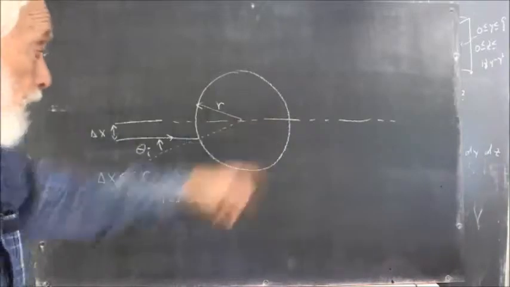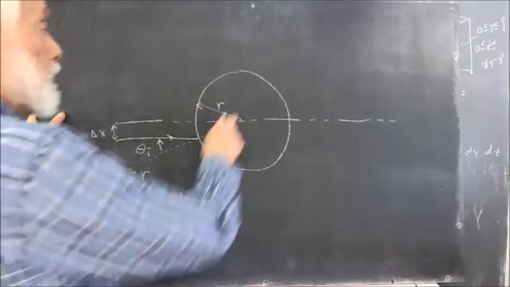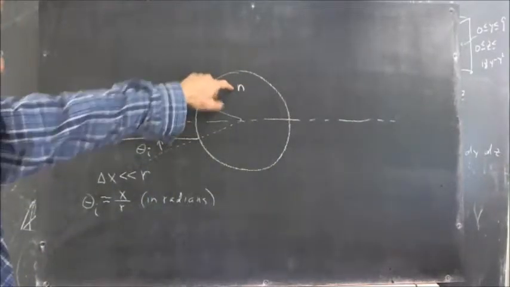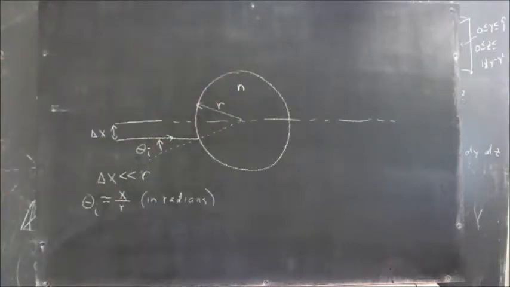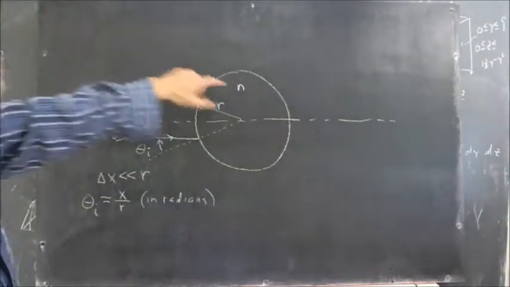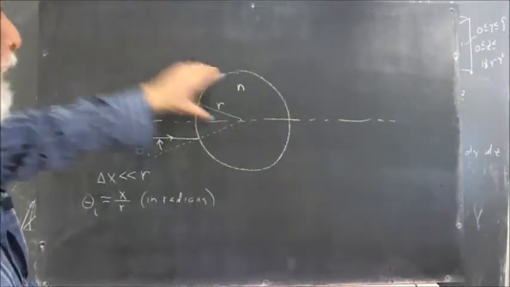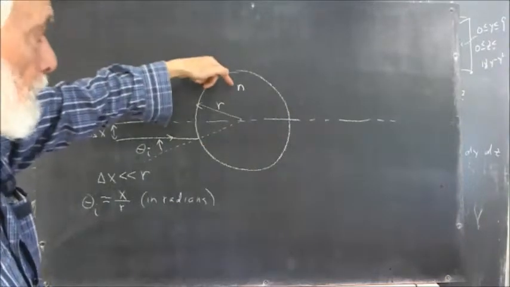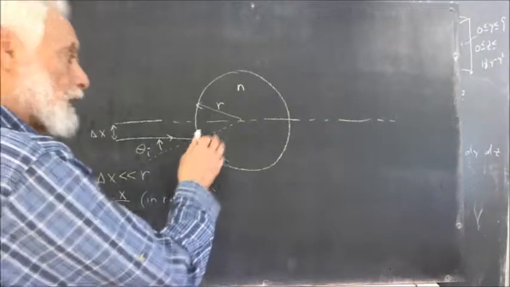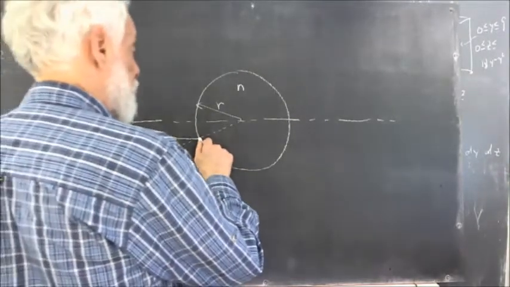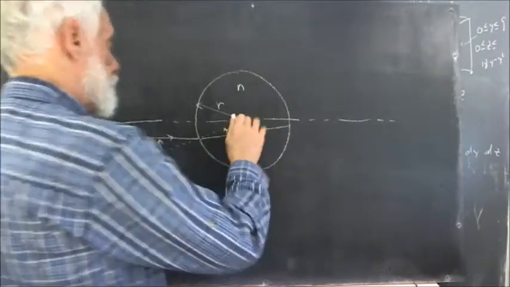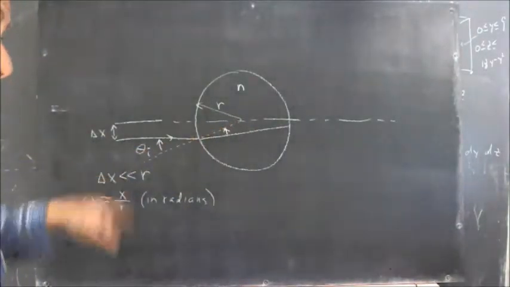So we want to find the angle of refraction, assuming we have some index of refraction in here. We're going to use the symbol n for the index of refraction. If n is greater than the index out here, we'll assume this is air, and this is water in our problem, but we'll just use n here, then the ray is going to be deflected closer to the normal direction, being the radial direction.